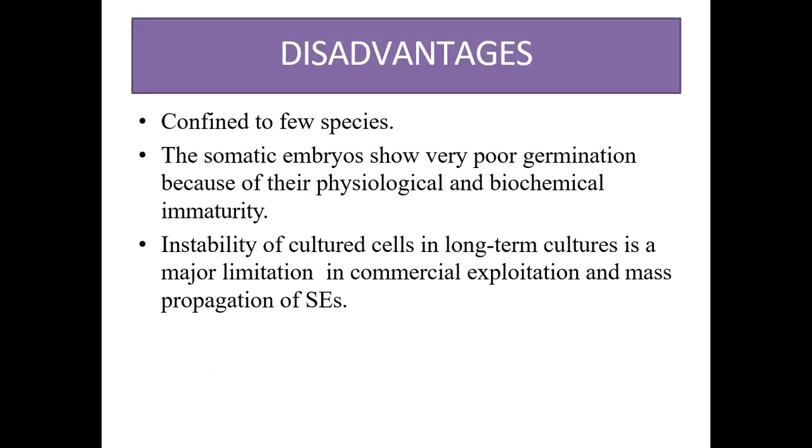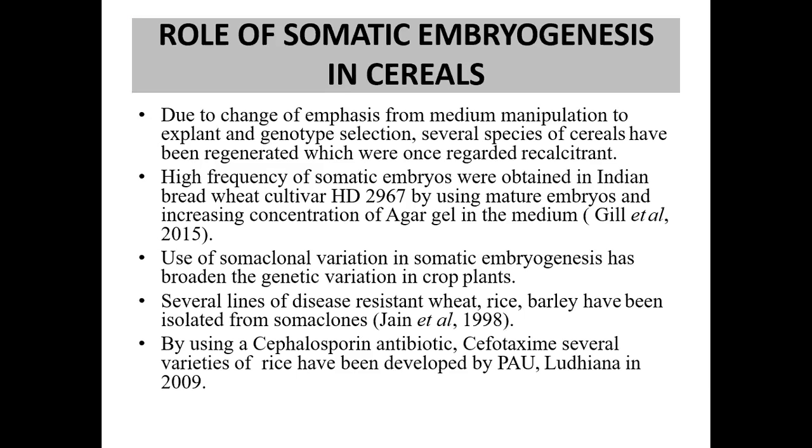But the true disadvantage lies in the very poor germination rate of somatic embryos because of their physiological and biochemical immaturity, and the instability of cultured cells in long-term cultures is a major limitation upon commercial exploitation as a mass propagation method.